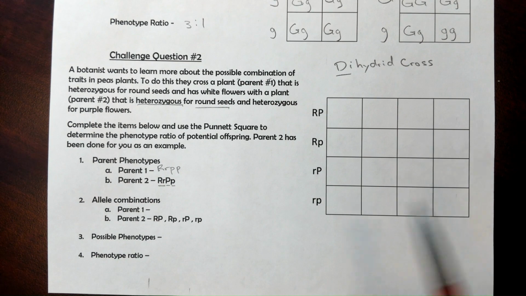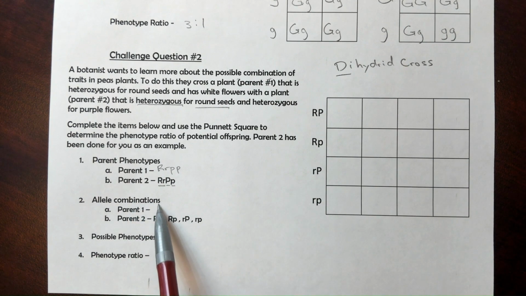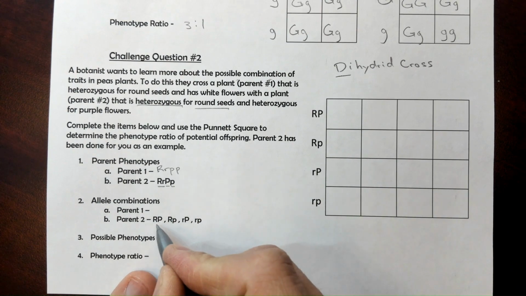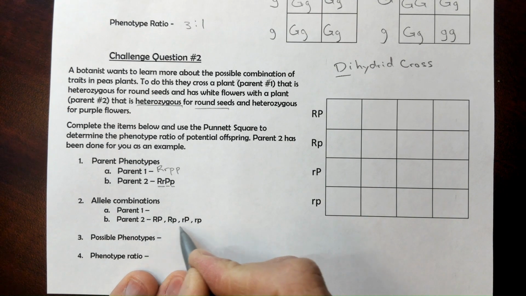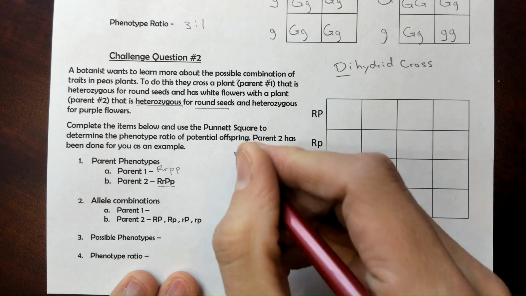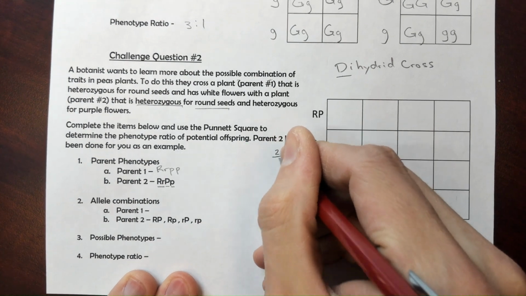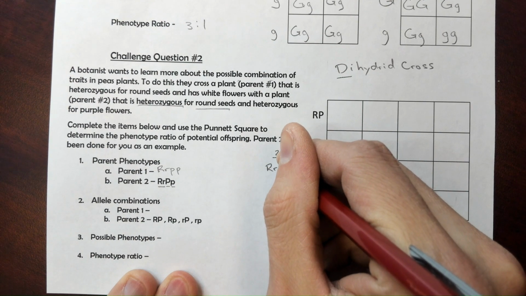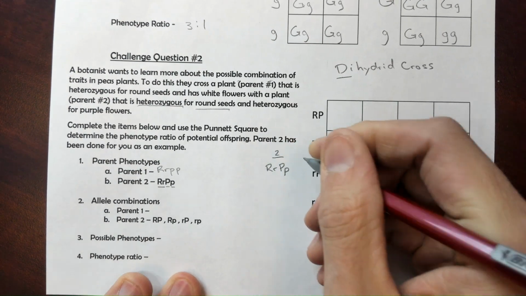All right, so then we need to come up with the possible allele combinations. For this we use the FOIL method. Okay, and we see I've already given the possible combinations down here. So let's do parent 2 first, just because that's already done. And this is their genotype, and we use the FOIL method.